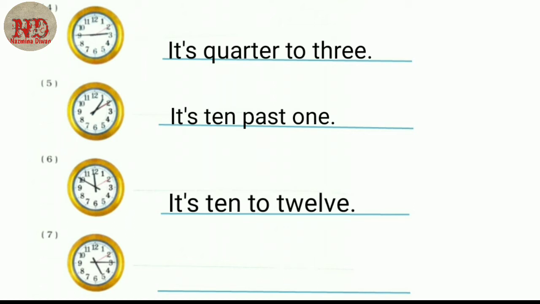Now in the next clock, a short hand is at 5 and a long hand is at 3. Okay students, 3 means quarter. So the time is 5:15. Okay, we can also say that it's 5:15.